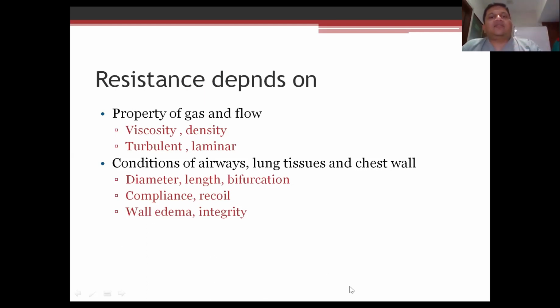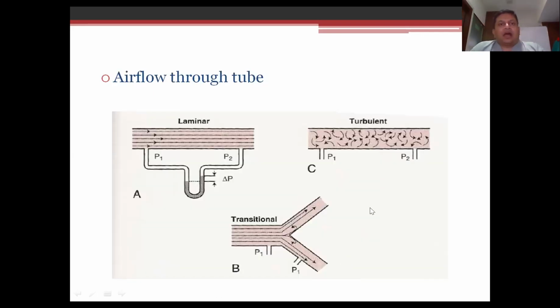All these things will decide how much the resistance is. Now the flow of the air. There are two types of flow, laminar flow and turbulent flow. If the flow in the airway is laminar, the resistance is very low. But if it is turbulent, then the resistance is high.